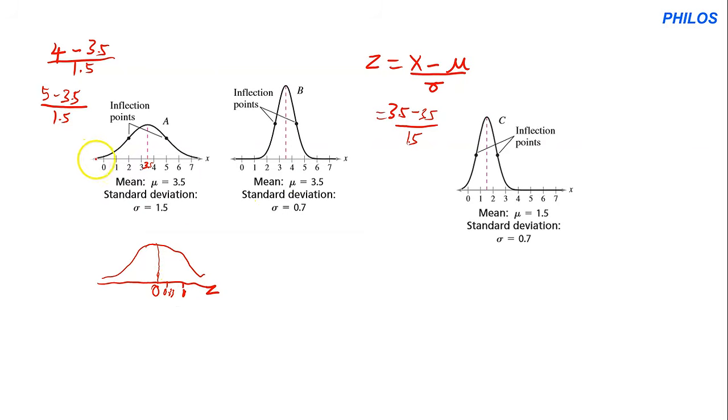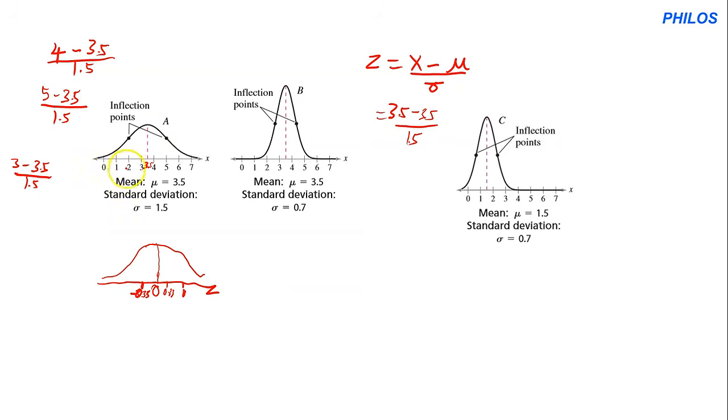Then let's come to the left side. At the left, we have 3 here, isn't it? So let's take it: 3 minus the mean, 3.5, divided by the standard deviation of 1.5. This will give us negative 0.5 divided by 1.5, isn't it? Then in decimal, it becomes negative 0.33. So it will be at the left, negative 0.33.